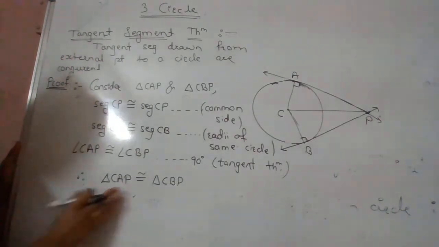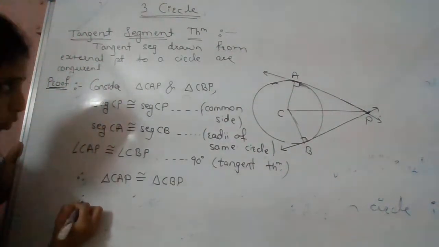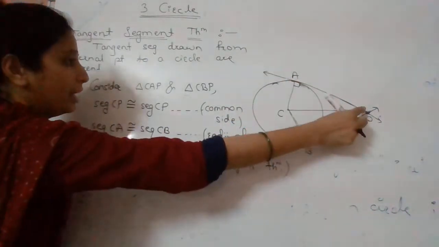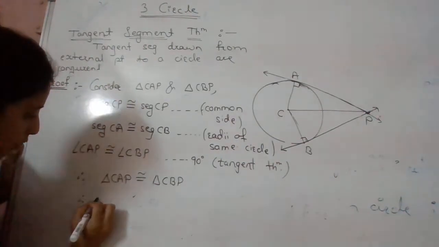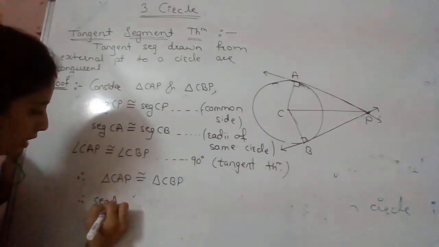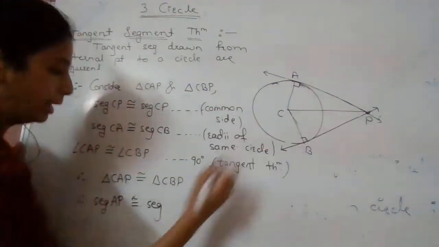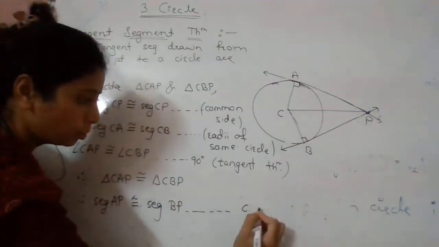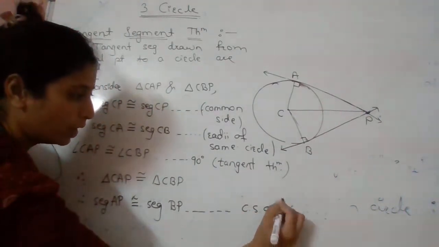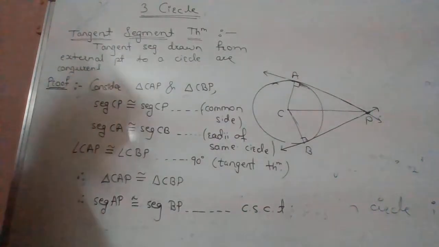Now, since the triangles are congruent, what can I say? I required AP and BP to be congruent. Therefore, segment AP is congruent to segment BP. What is the reason? These are the corresponding sides of congruent triangles, so by CPCT the two segments are congruent.